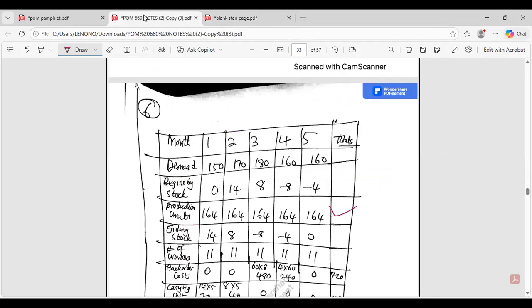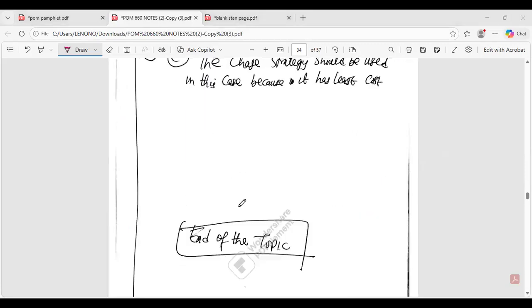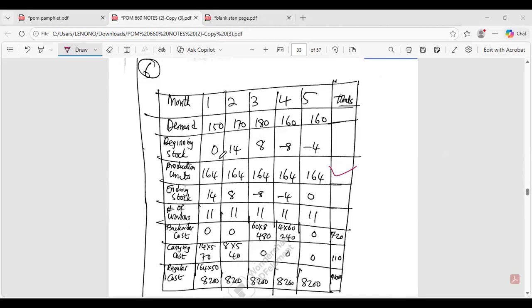So from here, what are we saying? Our beginning stock is 0 plus production minus demand.